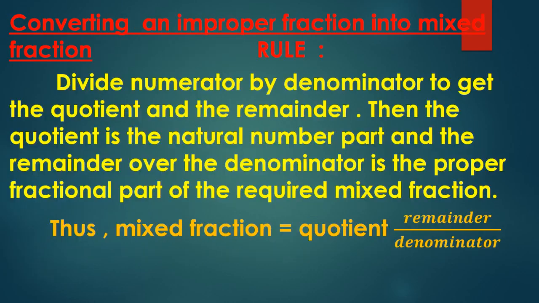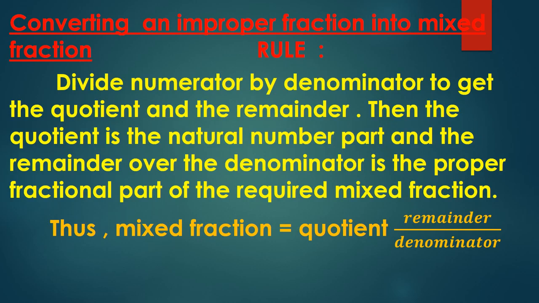Now see, converting an improper fraction into a mixed fraction. How will we convert an improper fraction into a mixed fraction? The rule for this is to divide the numerator by the denominator to get the quotient and the remainder. Simply divide the numerator by the denominator, and when you divide you get one quotient and one remainder.